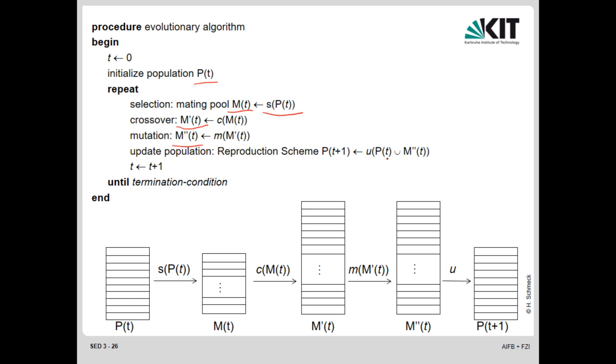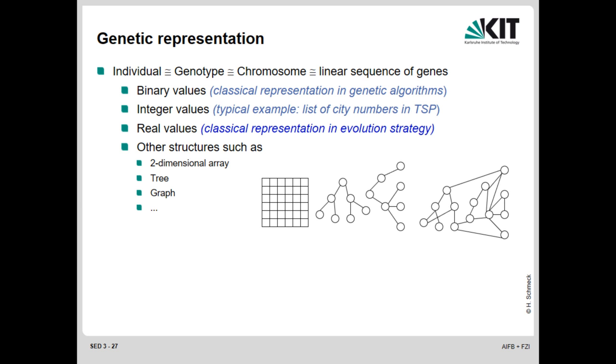You combine the original population with the M double prime of t, and then you have some update, some way how you actually get this new population P of t plus 1. Okay, this is just indicated down here in the bottom line.